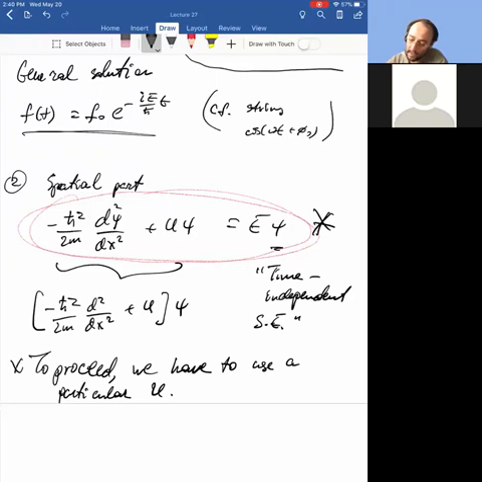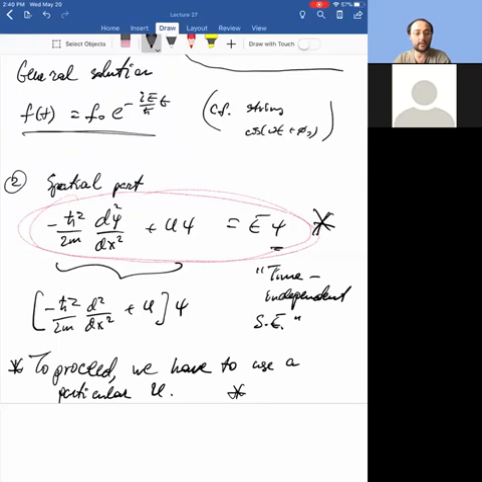But before moving on and starting to look at examples, so chapter 5 is just chock full of different examples, each corresponding to different U, to different physical situation. But before moving on to these specific examples, let's milk this a little bit more.